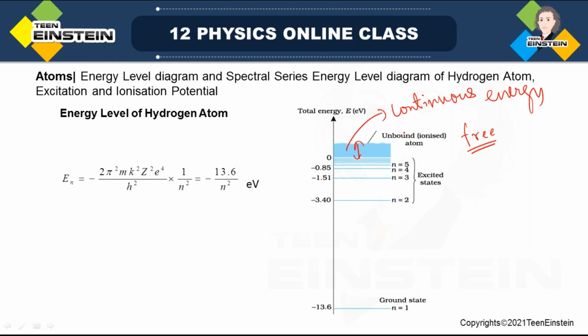So that will have energy 0, and it can roam around anywhere freely. That state is called ionized state, and you can see these energy levels are continuous. No longer do you see any line. Actually there are lines, but they overlap on each other.